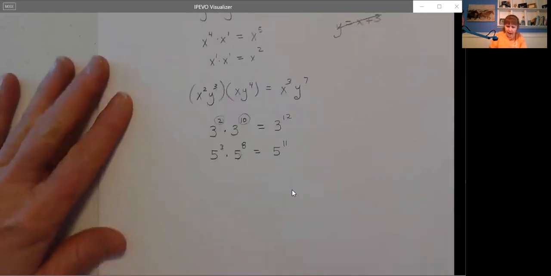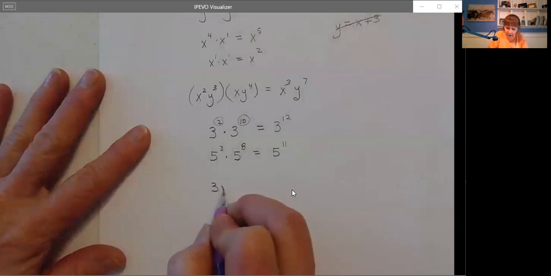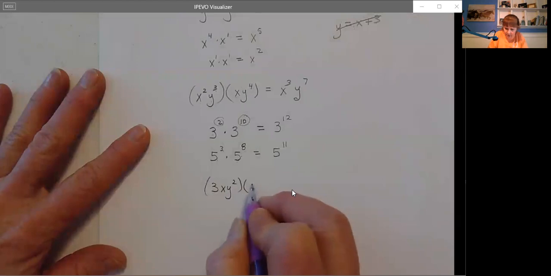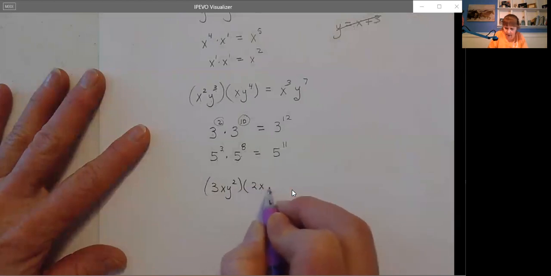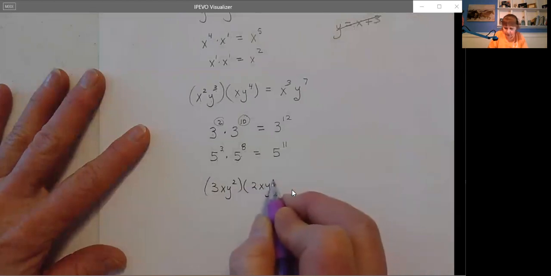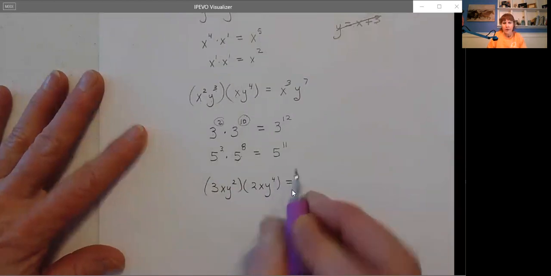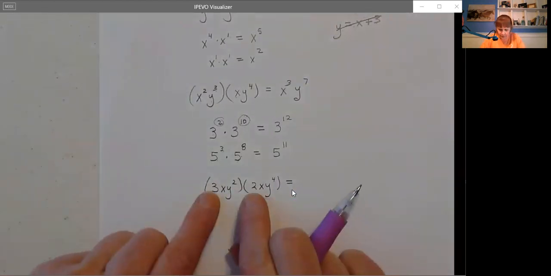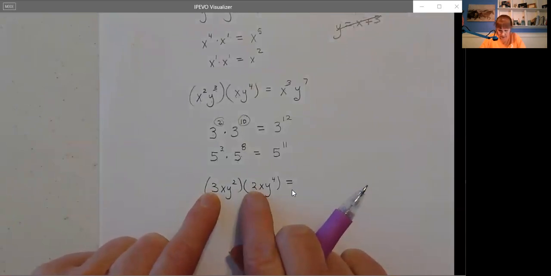Well, what I meant by that is if I had, let's say, 3xy squared times 2xy to the 4th. All right. So these numbers in front here, we generally call a coefficient. I'm not going to add their exponents.